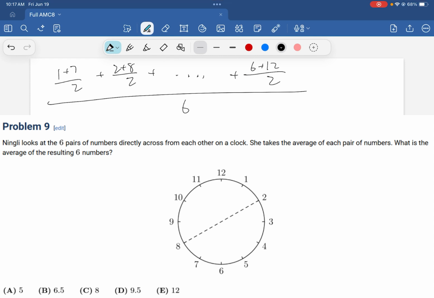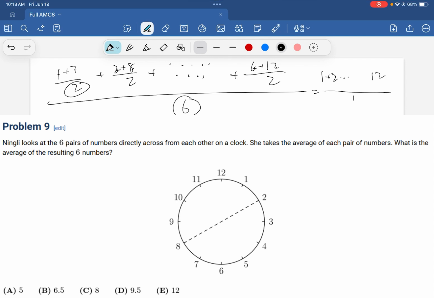But this is just the same as adding these 12 numbers up, dot, dot, dot, 6, 12. So you're just dividing by 12 at the end. So this expression just becomes the sum of the numbers from 1 to 12. We divide by 2, and then we divide by 6.